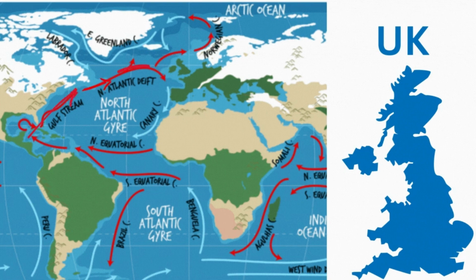The thing is that the UK is largely influenced by ocean currents. Ocean currents act much like a conveyor belt, transporting warm water and precipitation from the equator towards the poles and cold water from the poles back to the tropics.